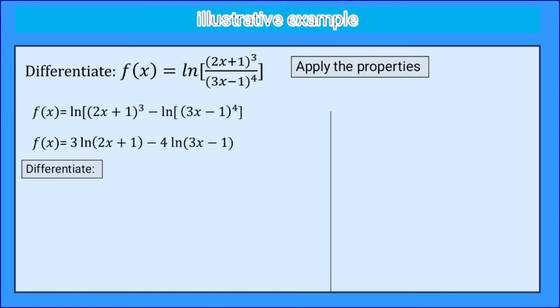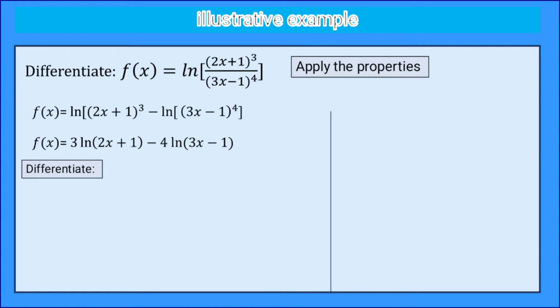So in differentiating, of course, since we have natural logarithm, we can use the chain rule here. d over dx of ln of u is equal to 1 over u times du over dx. So we also need to get the derivative of the term inside our parentheses.